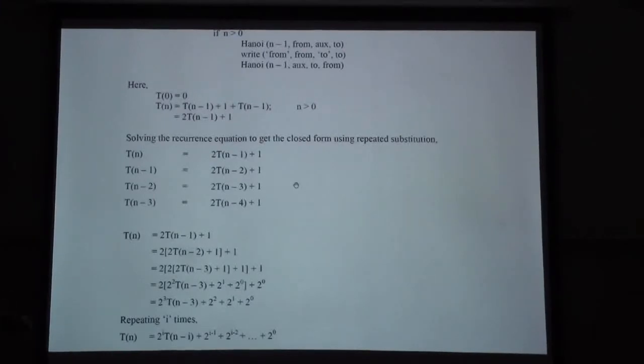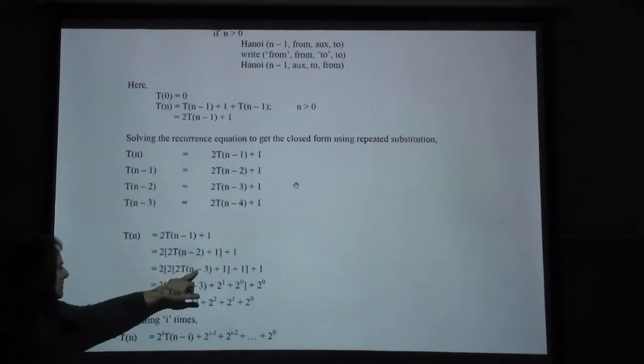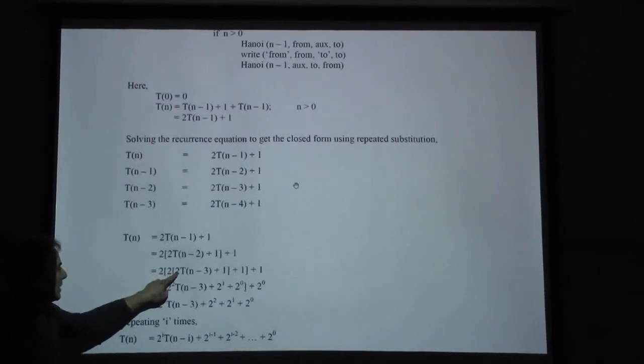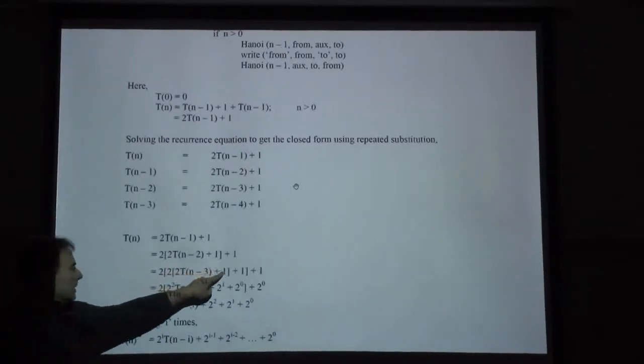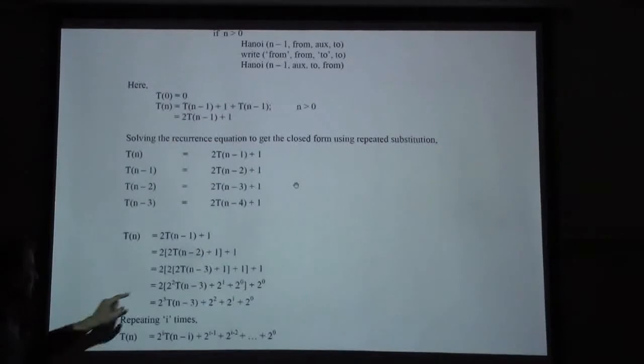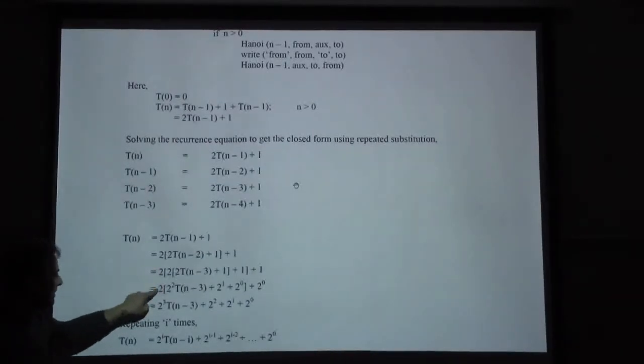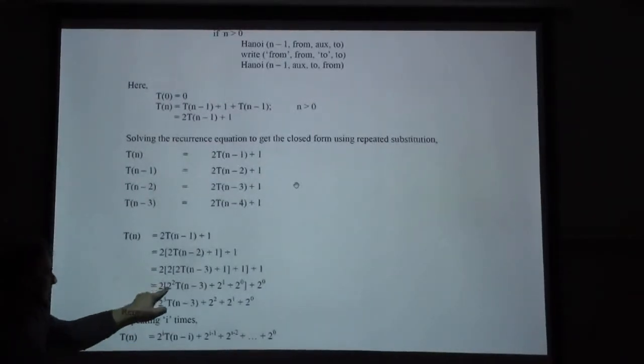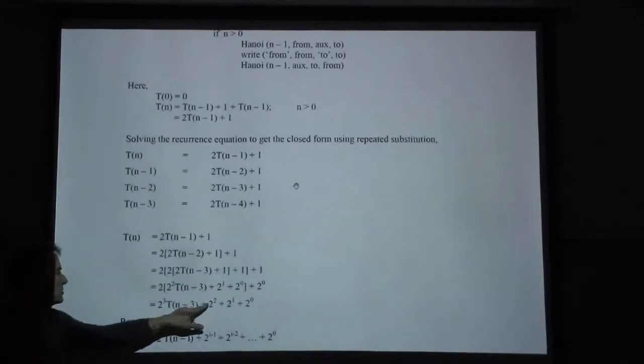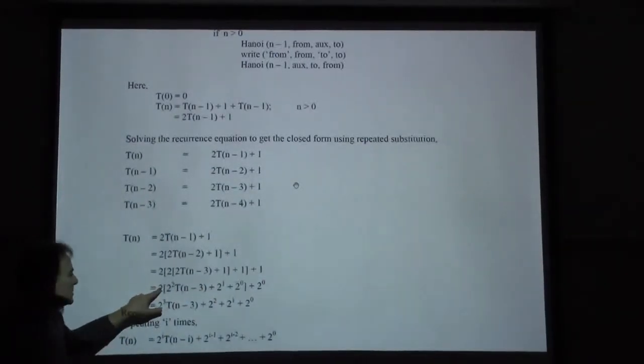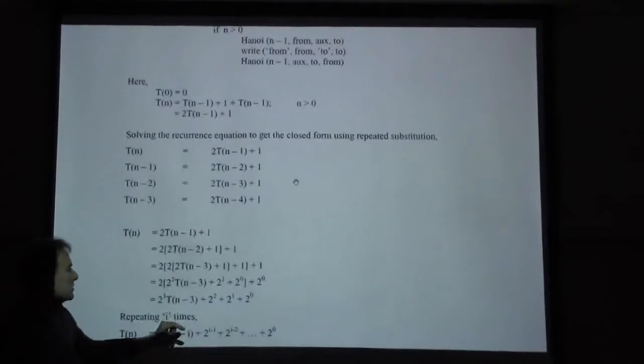But in order to simplify this, notice there are multiplications here and brackets and parentheses. So you can see this is 2 times T of n minus 3 plus 1, but when you multiply this by 2, you get 2 squared. You get 2 to the 1. And when you multiply 2 by 2 squared, you get 2 to the third. 2 to the 1 times 2 is going to be 2 squared. 2 times 1 is going to be 2 times 2 to the 0, which is going to be 2.